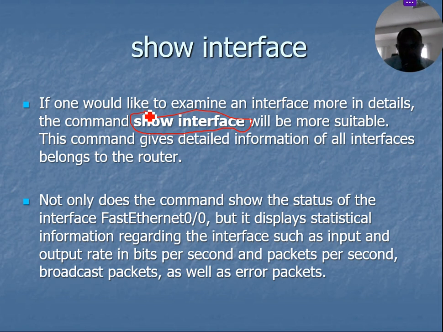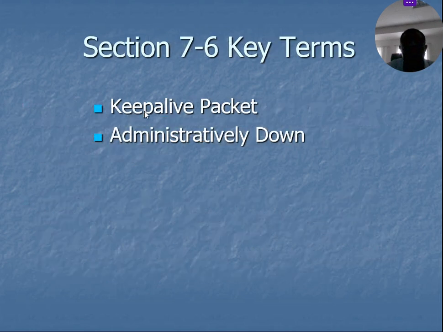Not only does it show the status of the interface, such as FastEthernet 0/0, it also displays statistical information regarding the interface, like the input and output rate, the speed, the packets per second, the broadcast packets, as well as the error packets. So show interface will show all of this.